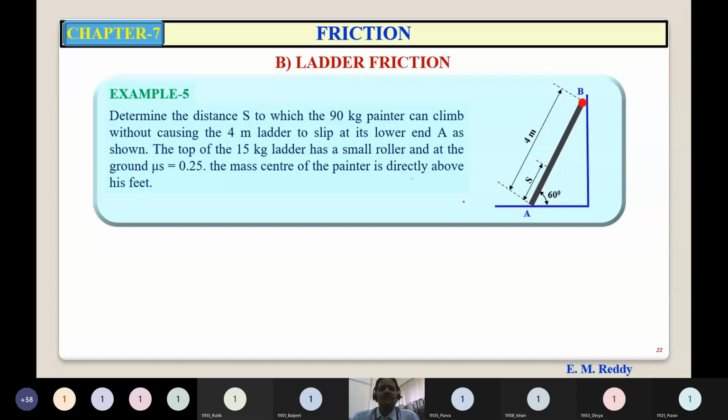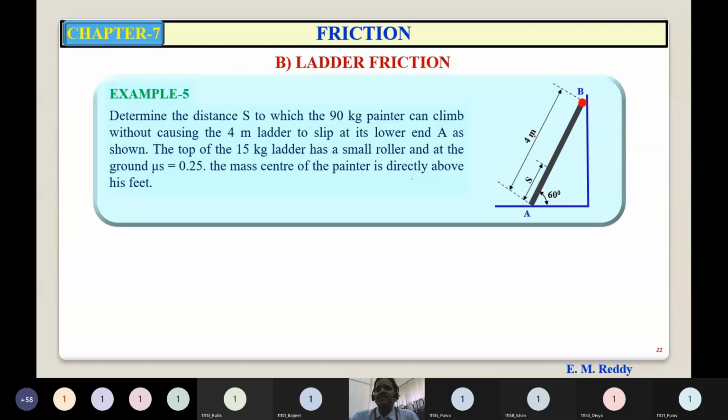The coefficient of static friction at the ground, that is at point A, is given as 0.25. So what is the coefficient of static friction at B? Anybody? It is 0. Why? Because the roller will roll without any resistance, since it is said that the top of the 15 kg ladder has a small roller.